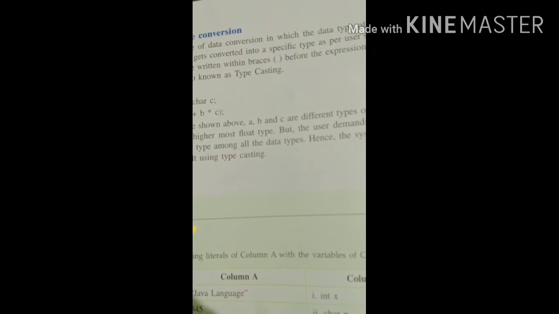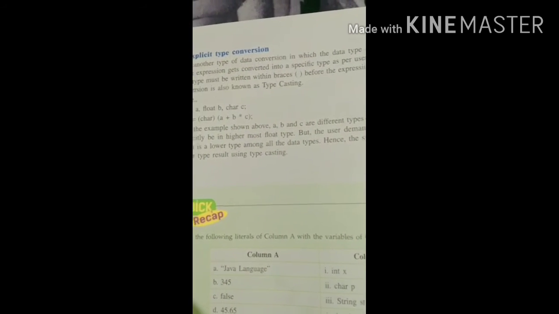Explicit conversion is a conversion in which the data type of the result in a mixed mode expression gets converted into a specific type as per the user's choice. In the brackets we can enter our choice of data type, and this is also called typecasting.